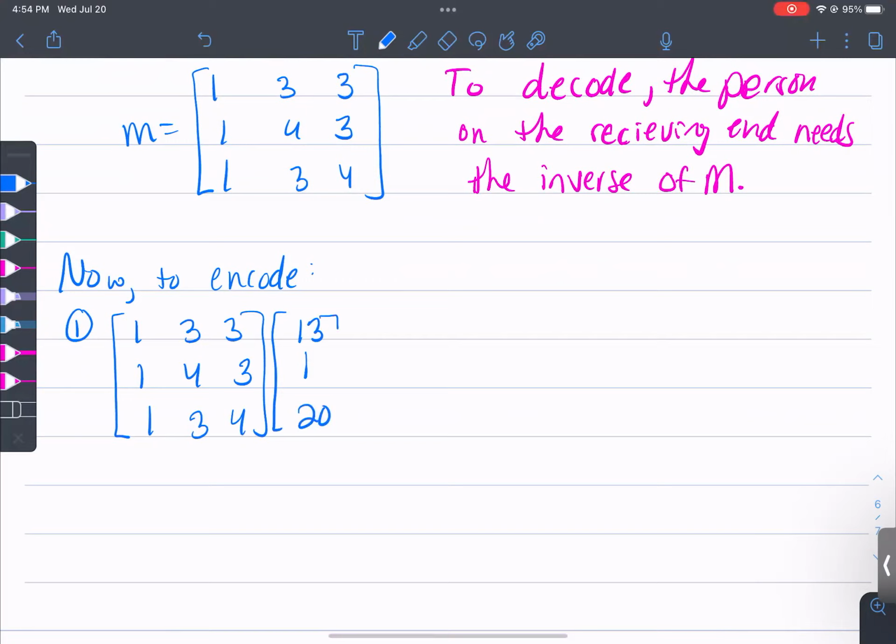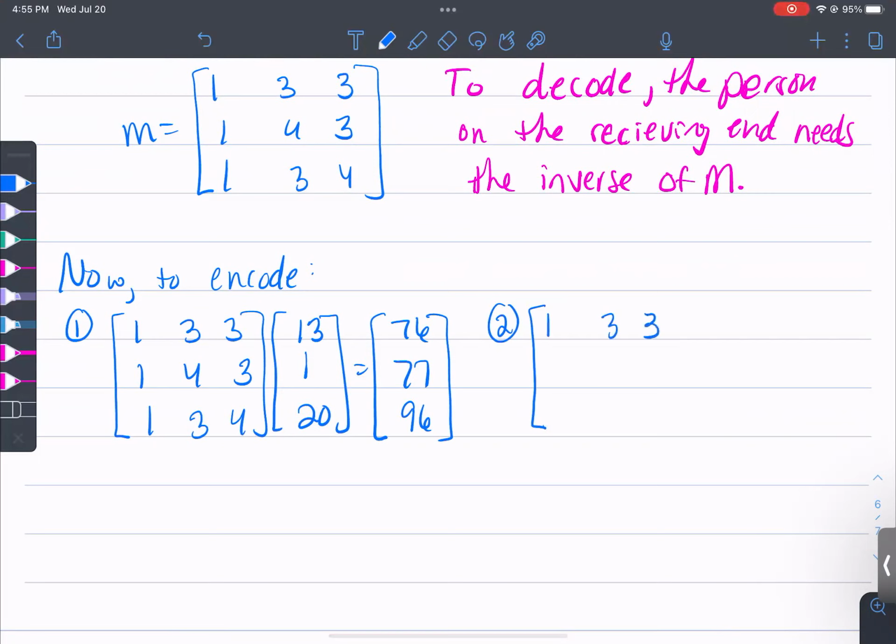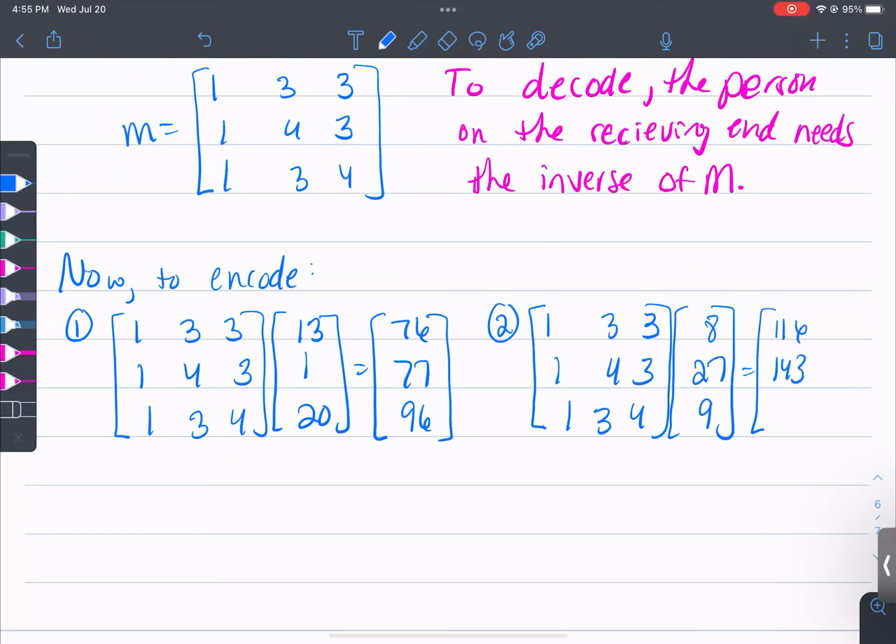If you multiply those, you'll get 76, 77, 96. Second matrix from our original encoding. Take my key, multiply it by the matrix 8, 27, and 9 to get 116, 143, and 125.